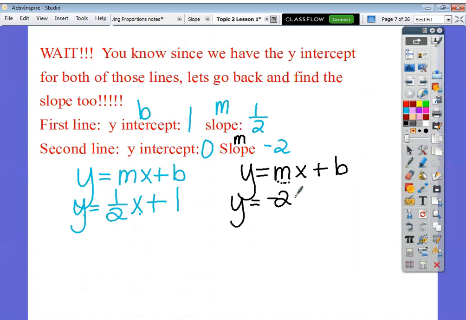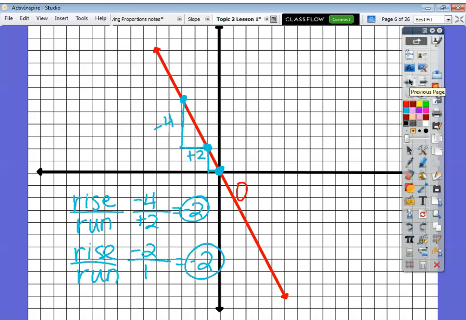So y equals -2x plus the b is the y-intercept, and that value is 0. So you can leave it like that, or you can write it like that. You have 2 options. Okay, so your equation for this is this or that.